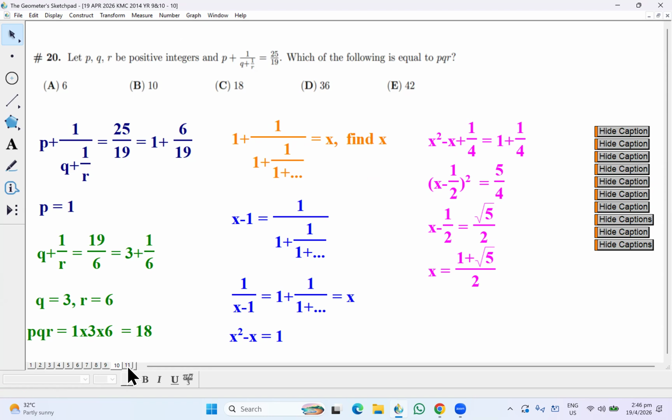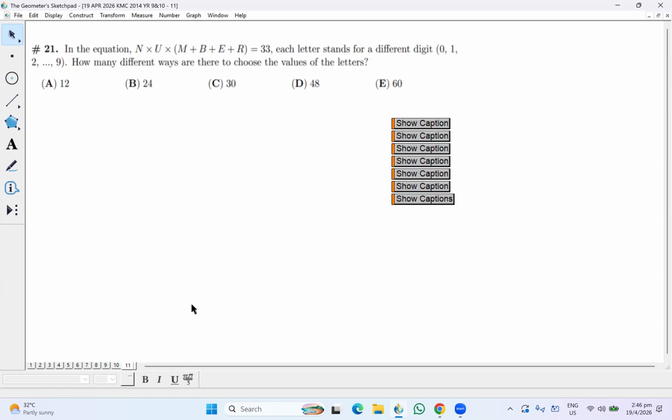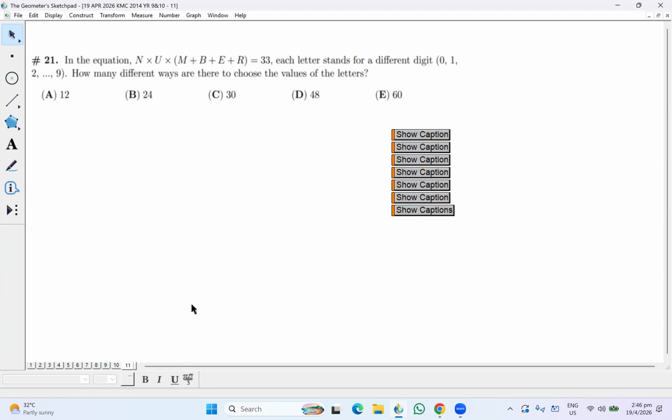Then we have number 11. In the equation N times U plus M plus B plus E plus R equals 33. Each letter stands for a different digit, 0, 1, 2, dot dot dot, until 9. How many different ways are there to choose the values of the letters?